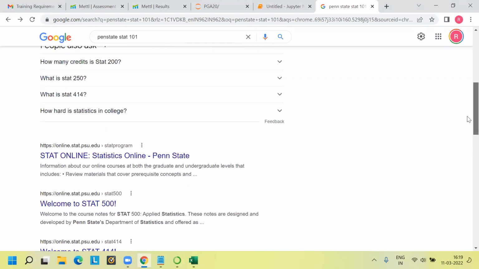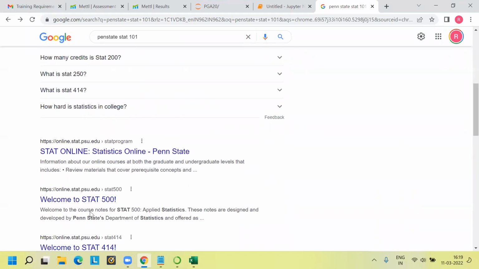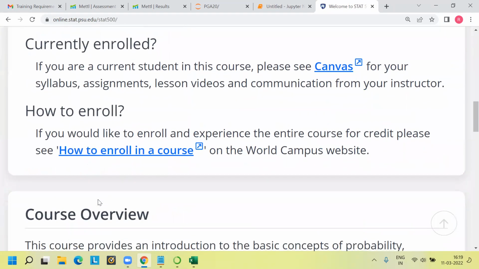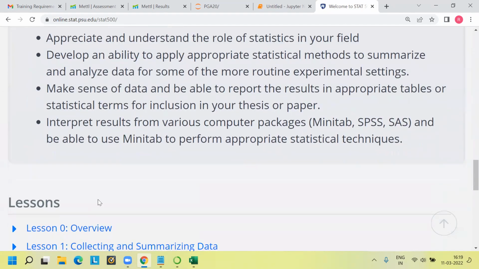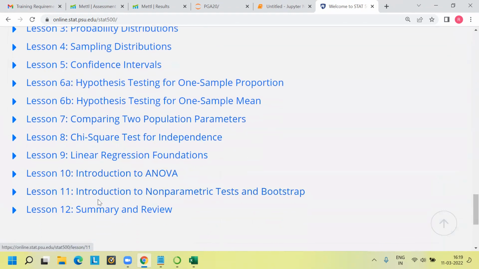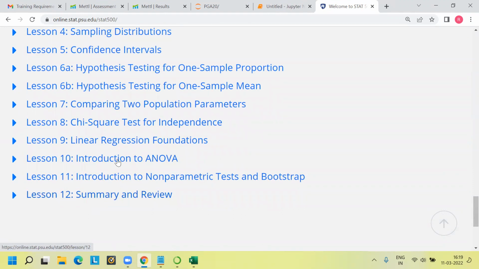Okay, this has a rework. Stat 500, sorry. Penn State, applied statistics. Collecting, summarizing, probability, hypothesis testing, chi-square, linear regression వరకు ఉంటుంది.